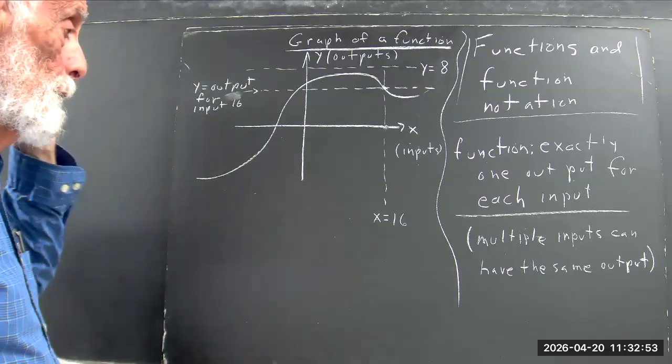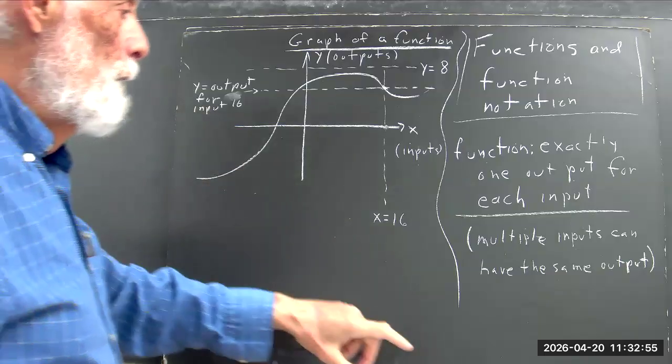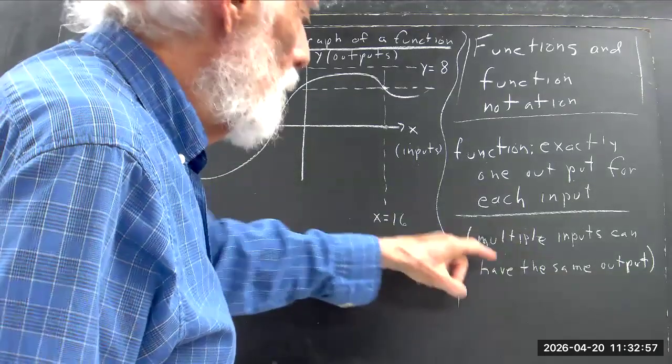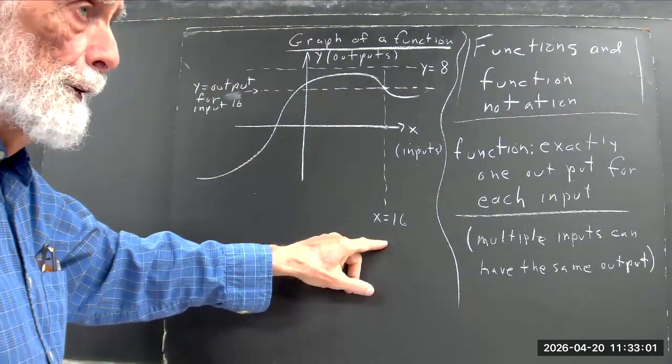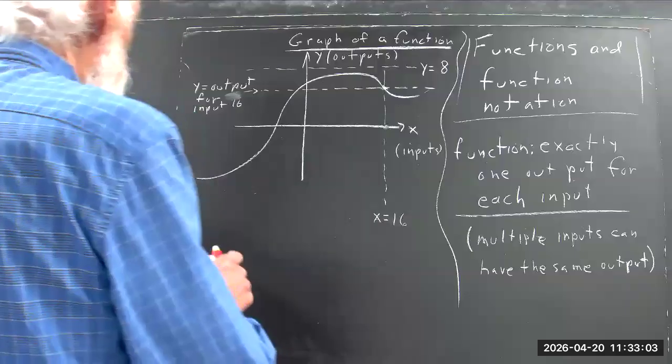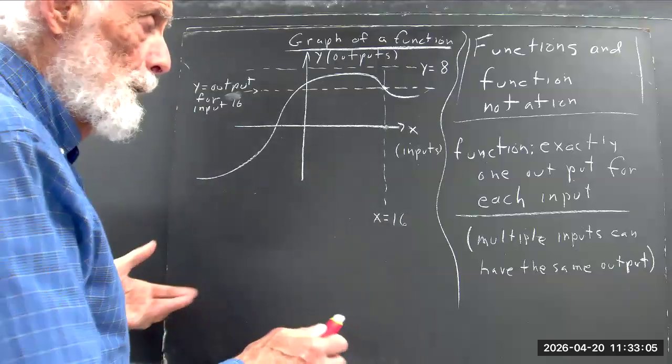So what I'm going to ask you to do is tell me if there are any other inputs that would give you the same output as X equals 16. And if so, estimate them.